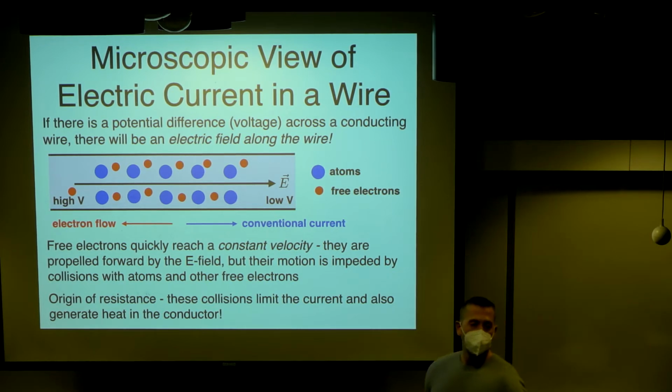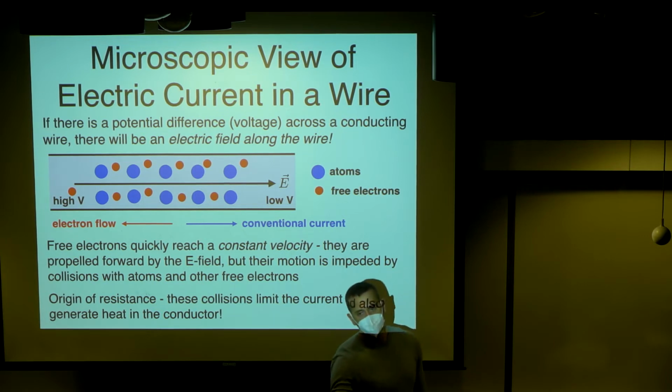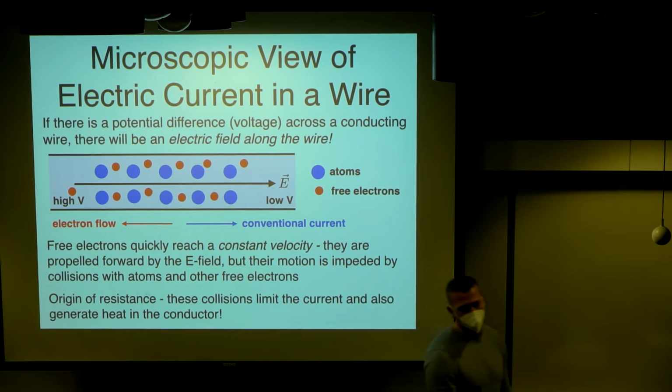And not only that, those collisions are responsible for generating the heat that we talked about before. If an electron collides with an atom, it's going to cause that atom to vibrate a little bit faster than before. That is what thermal energy is at a microscopic level. So that explains almost everything that we've talked about so far. Does that make sense?